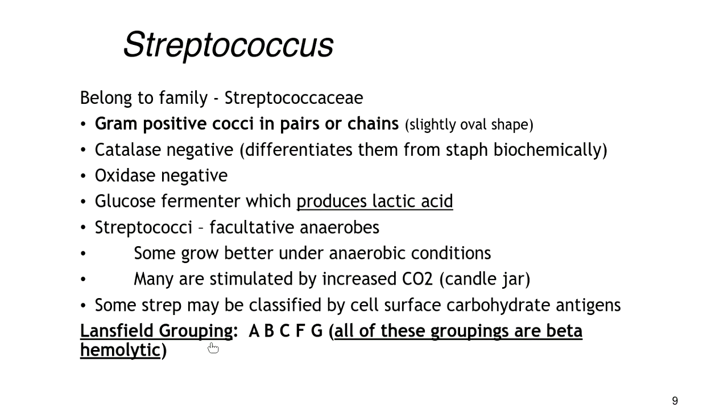All of these groupings, so there are a variety of groupings, but the A, B, C, F, and G Lancefield groupings are all beta hemolytic. So you notice there's not a D and an E listed. So they are not necessarily beta hemolytic. I'm going to pause the recording at this point, and we'll break it up into a couple sections.